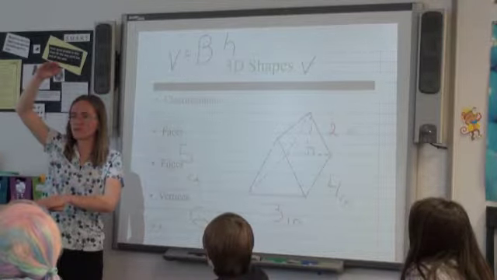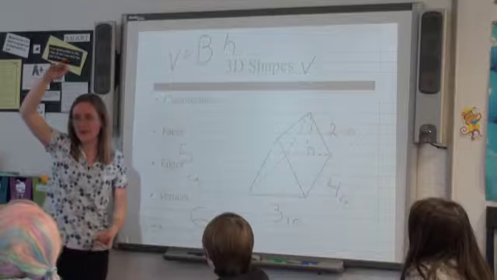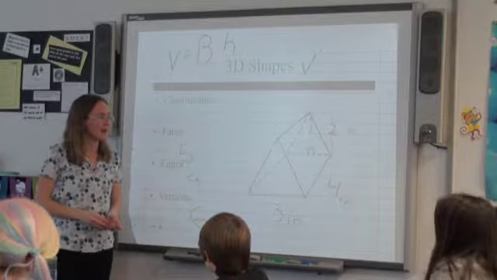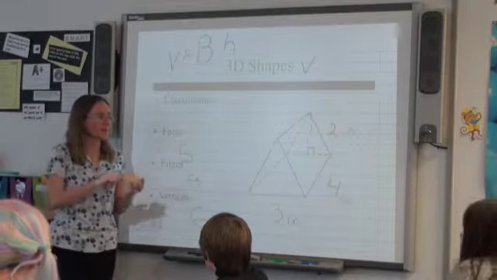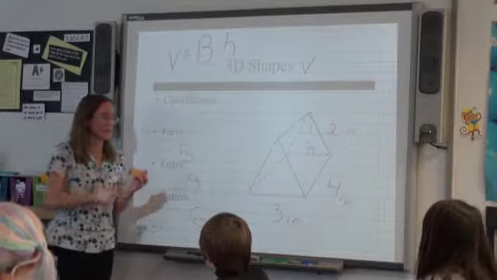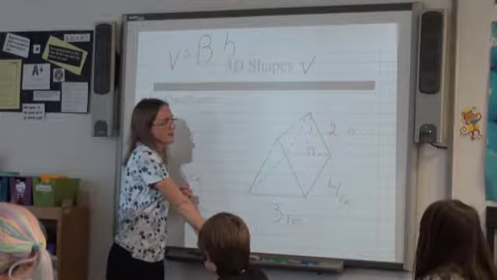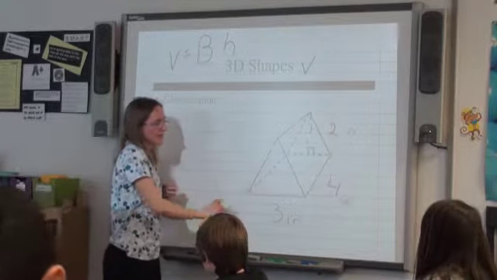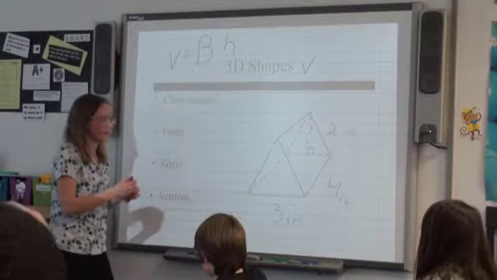So the altitude is another word for height. So we'll say that the area of a triangle is the base times the altitude, and we need to say half of that, and then multiply by the height.